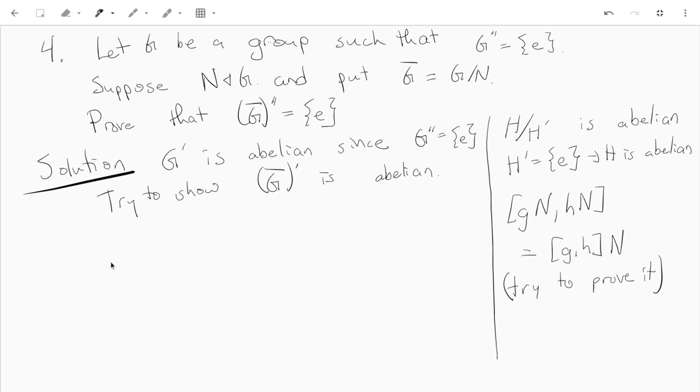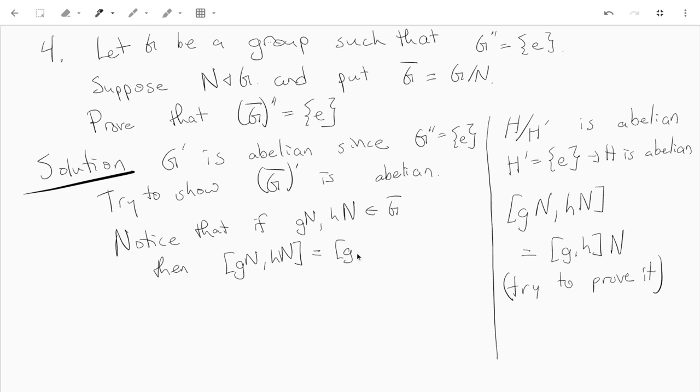Well, let's look at, first, notice that if gN and hN are in G bar, and we take their commutator, well, that's just the coset of the commutator of g and h.